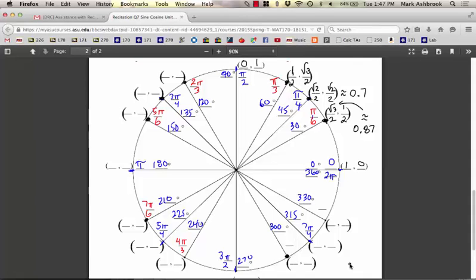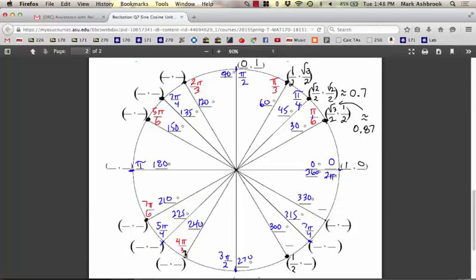So what's the cosine of 300 degrees? I heard 1/2, I heard negative 1/2, and I heard square root of 3 over 2. So first of all, is it positive or negative? Positive, and the reference angle is 60. So it's going to have the same. It's 1/2.